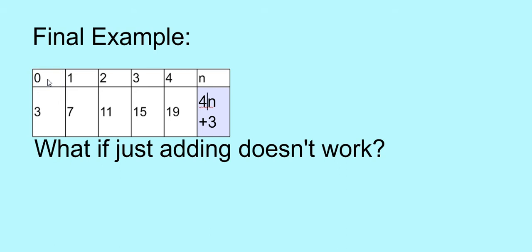When the input was 0, the output was 3, so I know it ended in plus 3 because 4 times 0 is going to be 0. In order to get the 4, I need to minus 3 from one of these bottom values. Like if I would minus 3 from 7, it would become 4. So then I say 1 times what is 4? Well, 1 times 4. So my rule is times 4 plus 3.